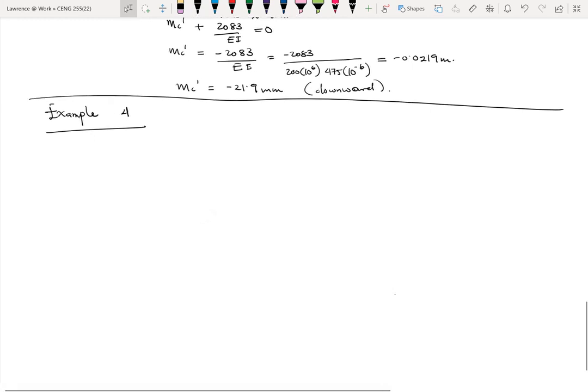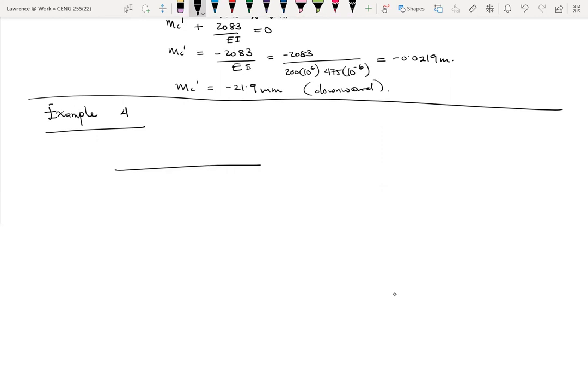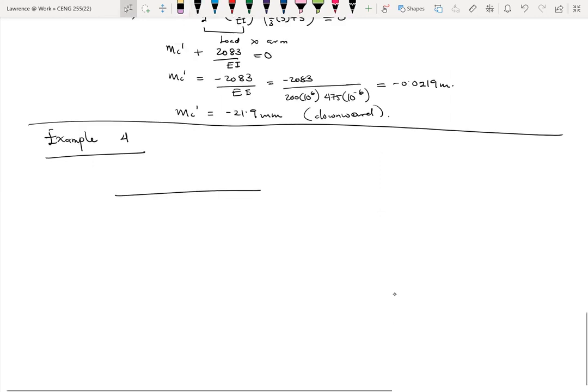So again, I have a simply supported beam, okay. One end is fixed, one end has a roller, and so to indicate how the beam looks like in real life, let me just draw the beam. Okay.